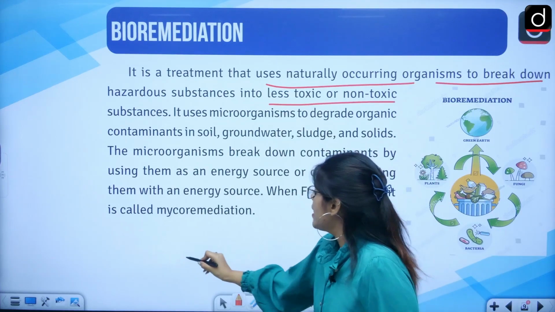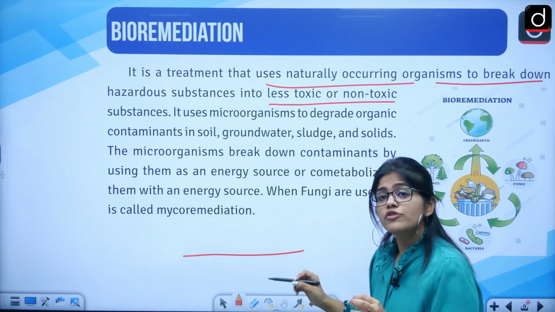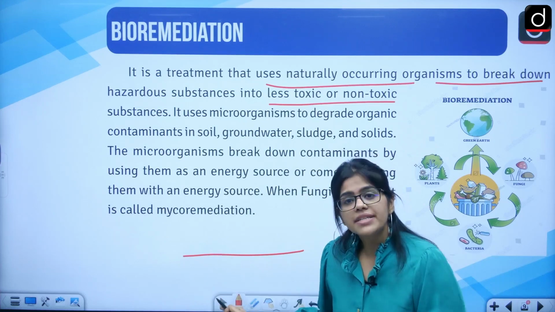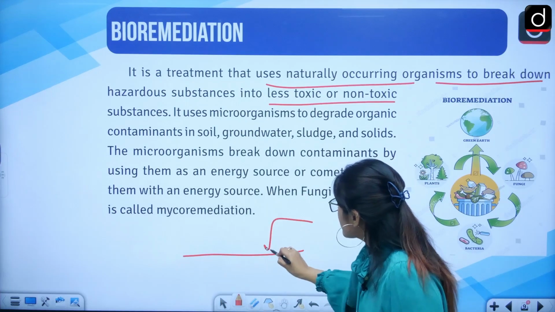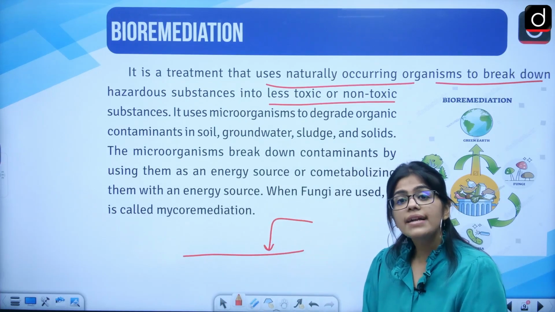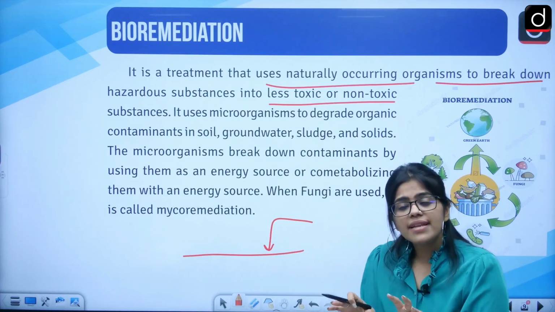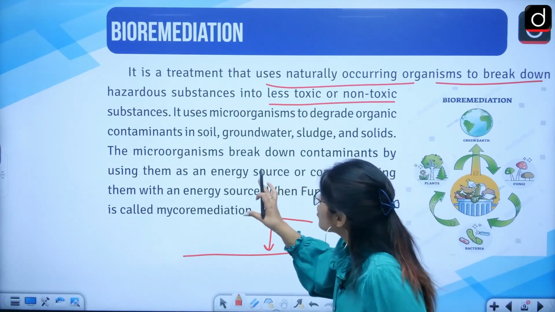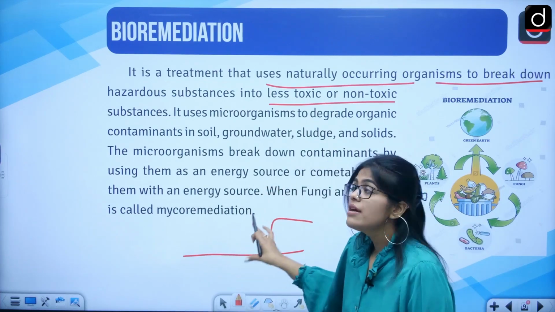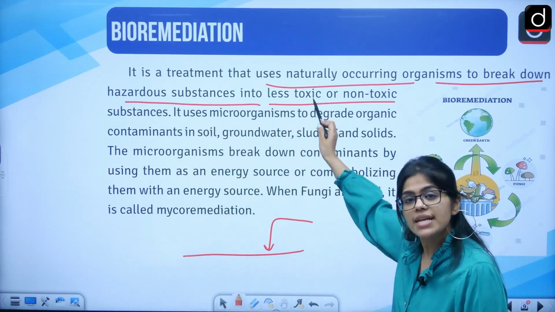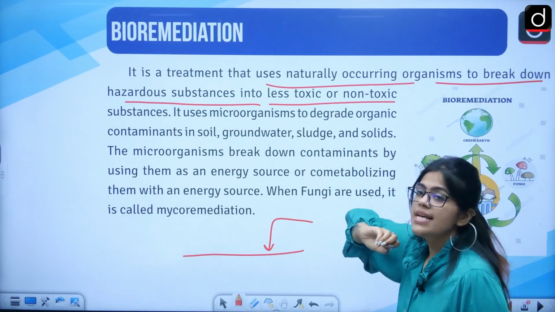So, you have one land and there are a lot of toxic materials available, or you can say that this land is not fit. So, there can be different microorganisms that can work on that land. It can be in situ or ex situ, but these microorganisms are added and the toxicity of the soil can be reduced. So, the hazardous substances can be converted into less toxic or non-hazardous substances.